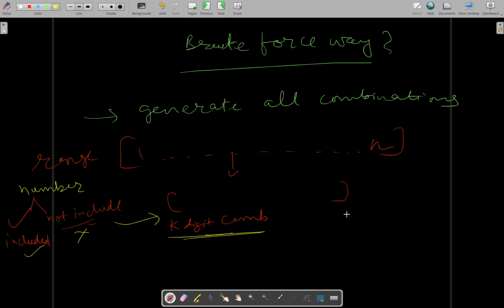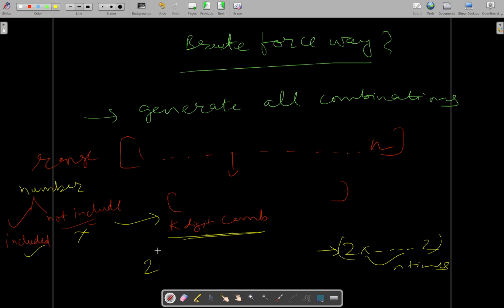So two choices for each of these n numbers.